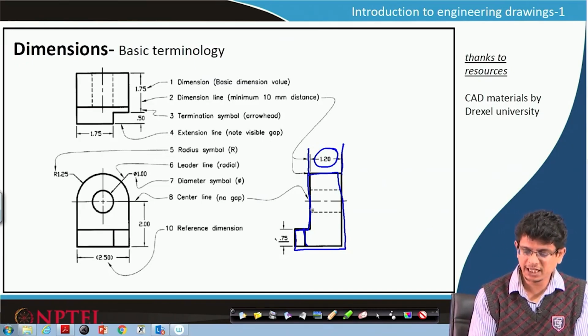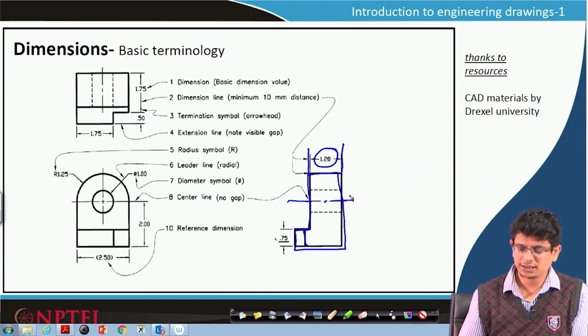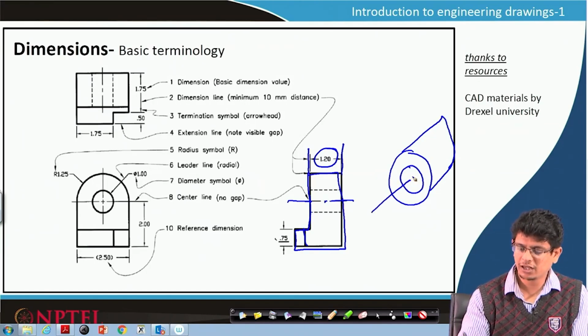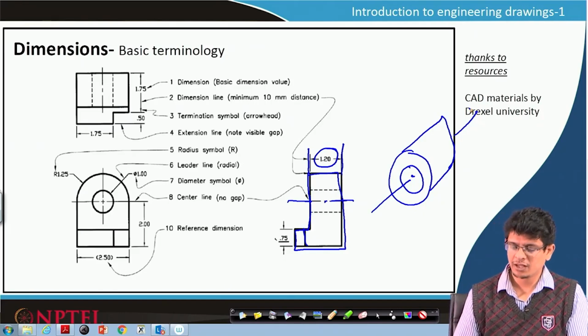Here also we can see that there are center lines. Whenever we have cylindrical objects, for example, this is the cylinder, cylindrical portions, and would like to represent something like an axis, we use that center lines.